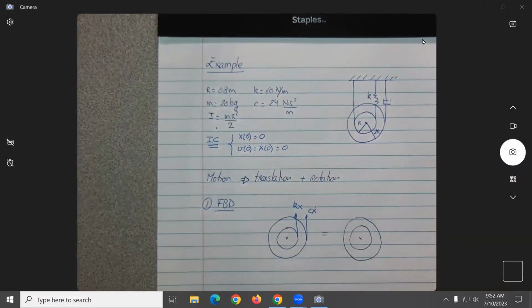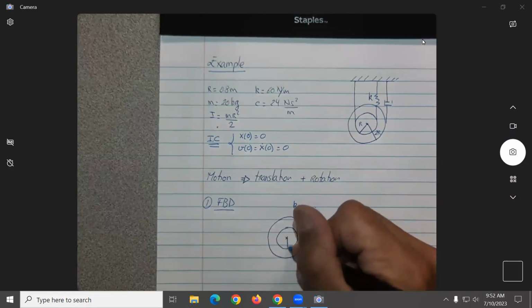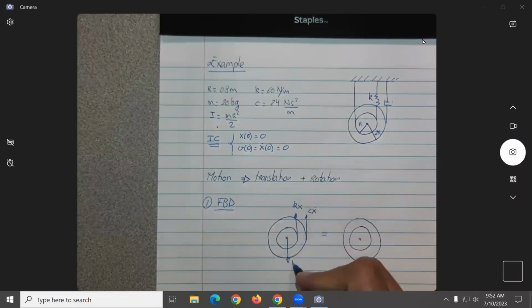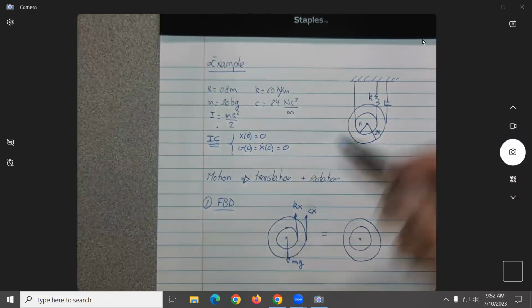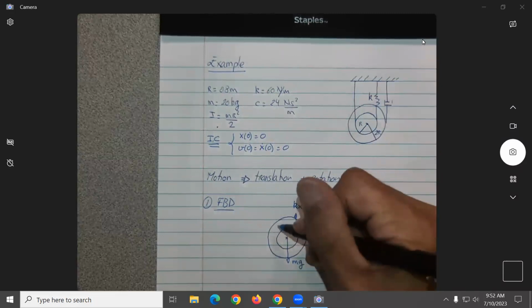Cx dot. And what else? The weight. Okay, we have one more. What should be the extra one? And tension.